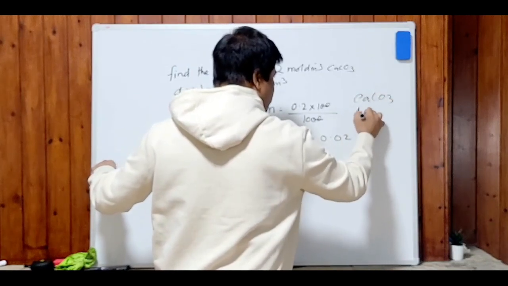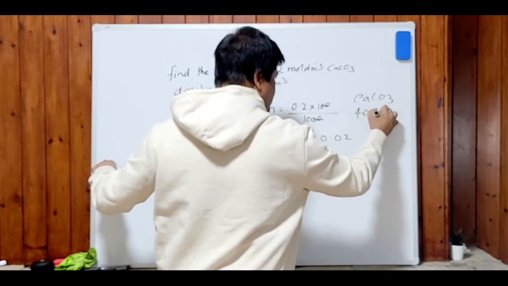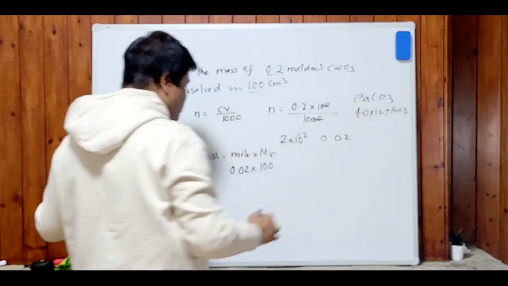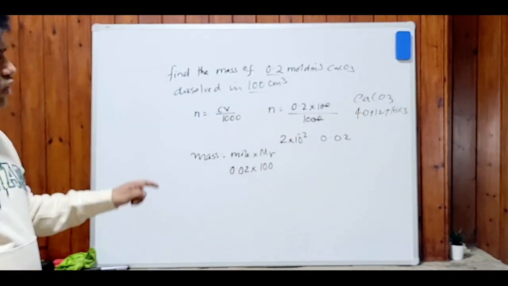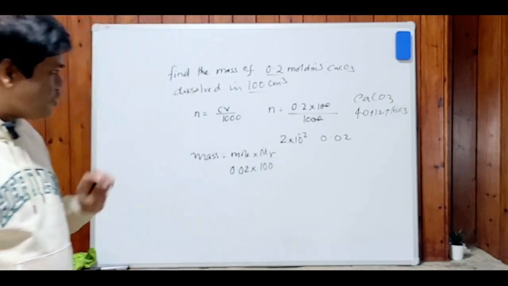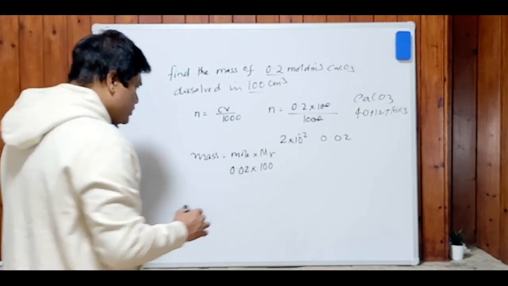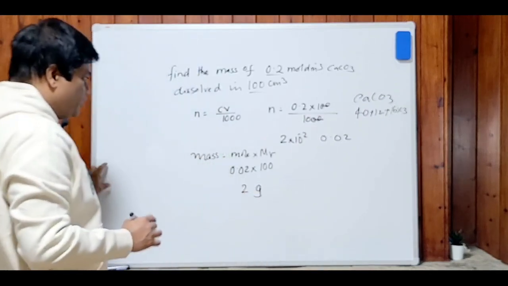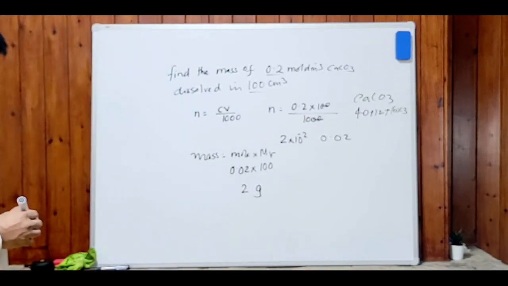Take calcium 40, its Ar, plus 12 plus 16 times 3. In some periodic tables, Ar of calcium is given as 40.1, but I'm not taking 0.1. When you work it out, it's 2 gram.